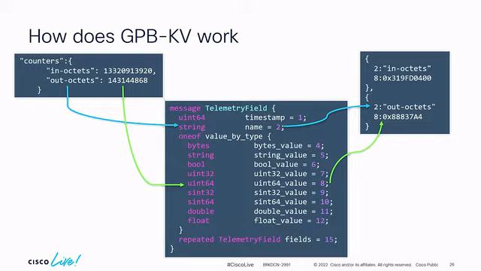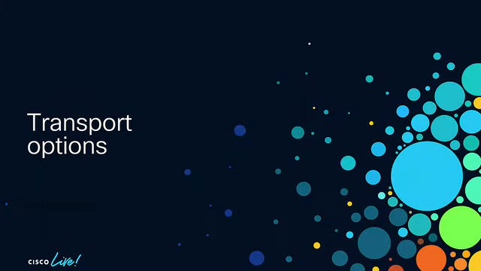So yes, it's less wire efficient, but it's easier for developers to develop the encode and decode part. So this is how the JPB key value works. This proto file is published on GitHub, of course, and it's not changing. By the way, it has been there for quite a long time and is not going to change between different versions.